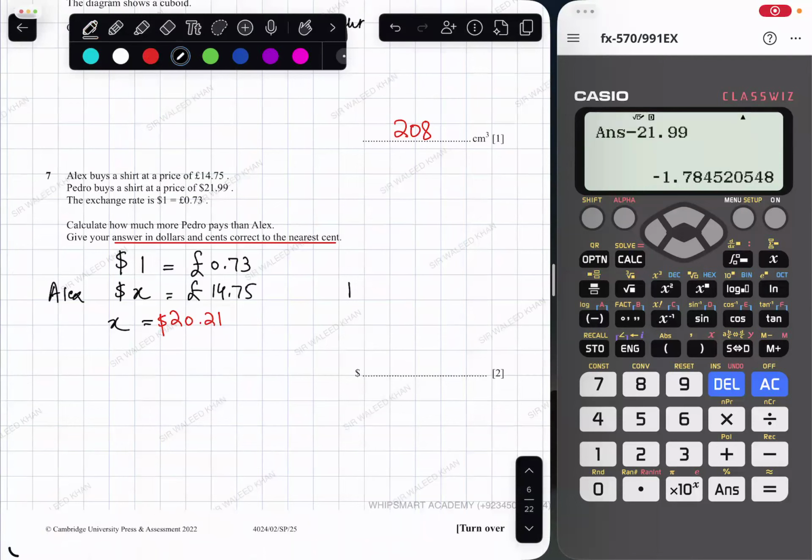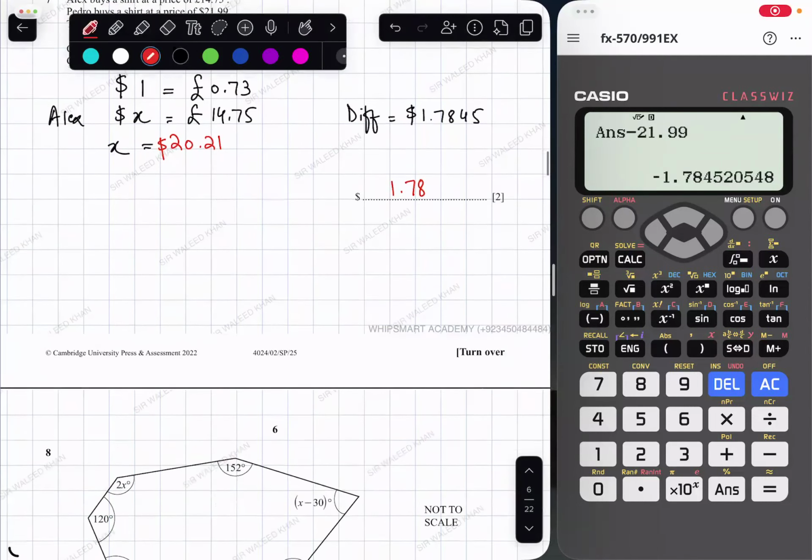The difference is obviously not negative, I just did it like that. So 1.7845 dollars. But the answer they require is in dollars and correct to the nearest cent. So I would say 1.78, that's the nearest cent. 78 cents.